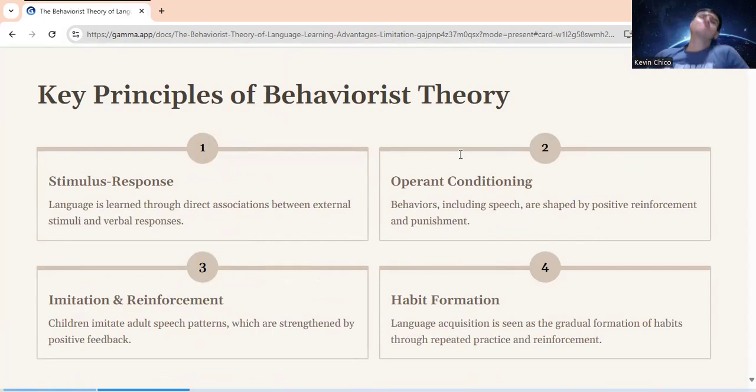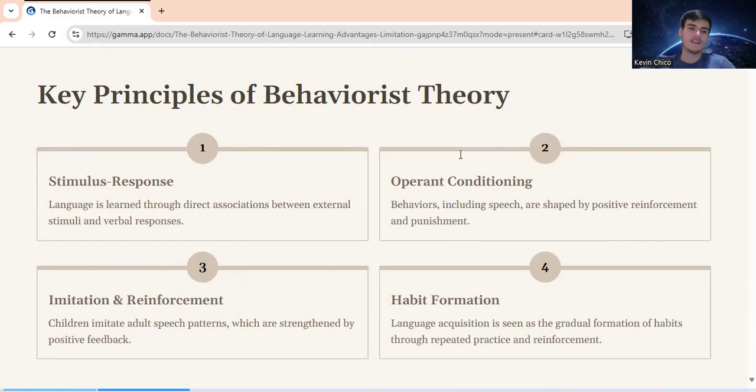To begin, stimulus response: language is learned through direct association between external stimuli and verbal response. Secondly, operant conditioning: behavior, including speech, is shaped by positive reinforcement and punishment.